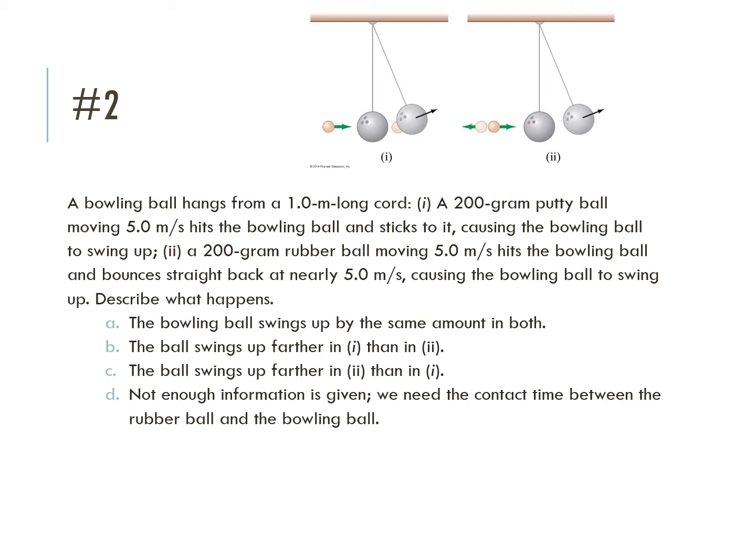So if we think about this, we need to look at the impulse of our object, which is equal to force times the change in time and the change in momentum. So we want to look at the one that is going to have the largest force on the bowling ball. That comes from the largest change in momentum for our object.